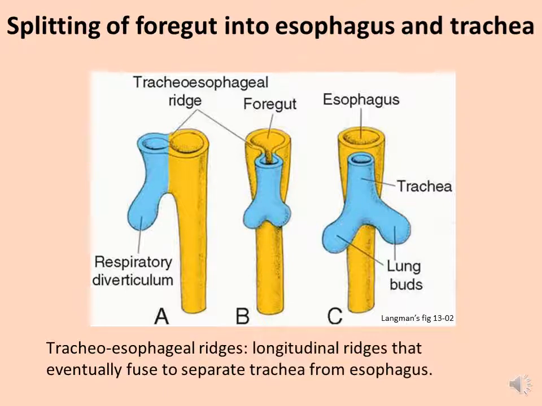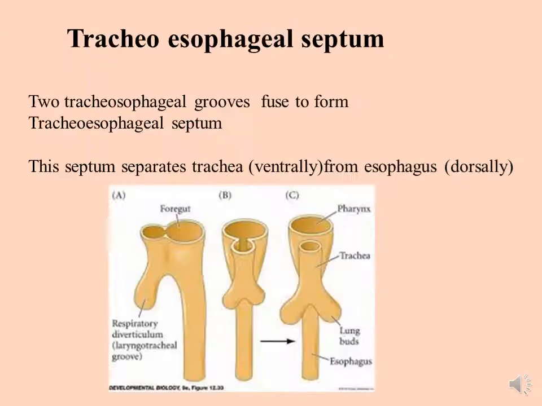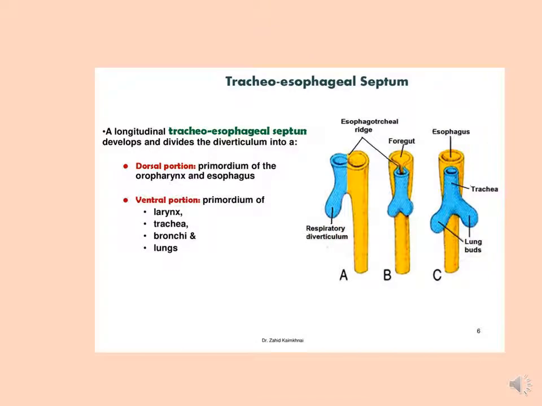Obviously, to distinguish the two tubes, the food pipe and the windpipe. Both of them have to be separated, and for that purpose there is development of the tracheoesophageal septum, which separates the trachea located ventrally from the esophagus, which is located dorsally.